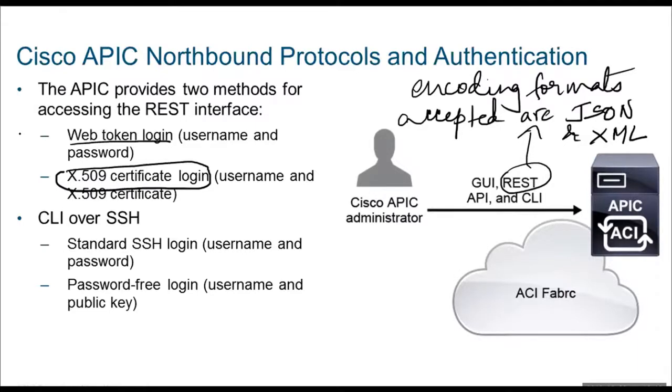For each user, you can go ahead and add their public certificate. And that means when they connect from the REST client, it's going to send a signature based on the private key, and of course the public key will validate it, because the private key is stored securely on the client side.